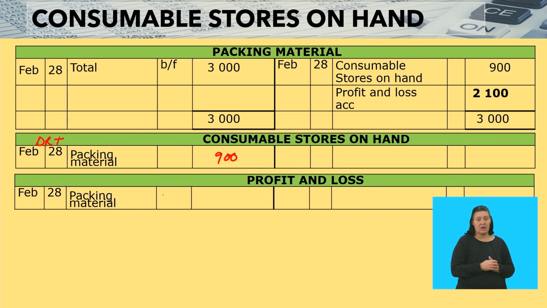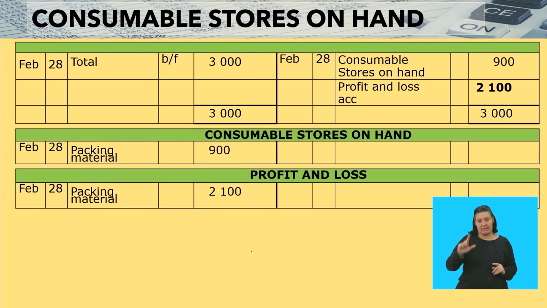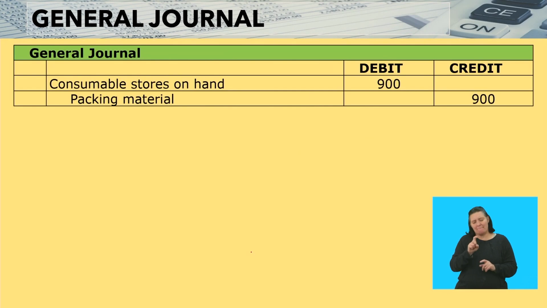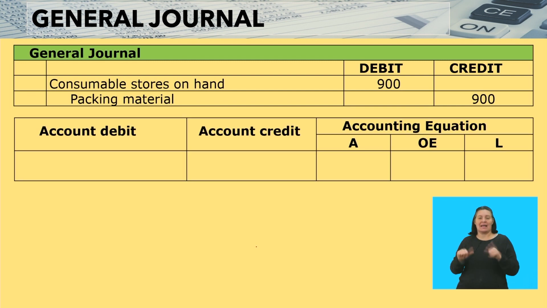And in the profit and loss, I'm recording the expense for this year. And the expense for this year is 2,100. When you have done that, therefore, you would have posted properly to your general ledger. And there you can see it.